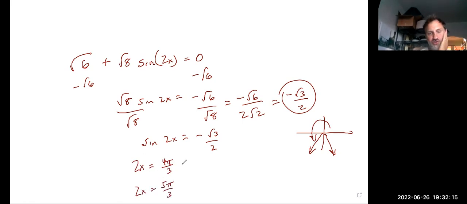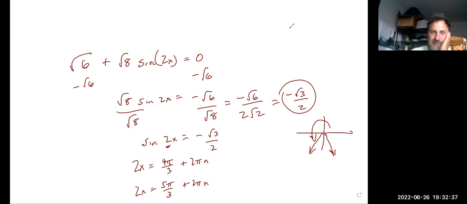Before I divide by 2, I should add on my 2 pi n, because then when I divide by 2, I'll do the proper adjustment of the period not being 2 pi in this case. Because when there's a b value of 2 here, that is a horizontal shrink, which means the 2 pi period is cut down to pi.